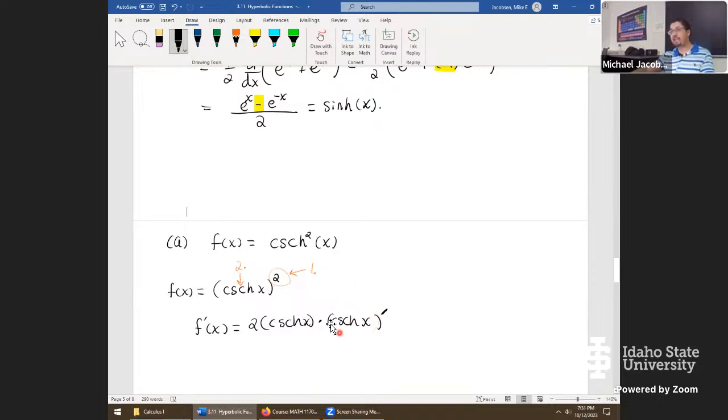Last thing to do is just crank out that derivative here. Now, if you work by analogy, this is not a bad strategy. You could say derivative with respect to x, cosecant x, is negative cosecant x, cotangent x. You just have to be mindful of the negative signs. This one is the right value to expect.